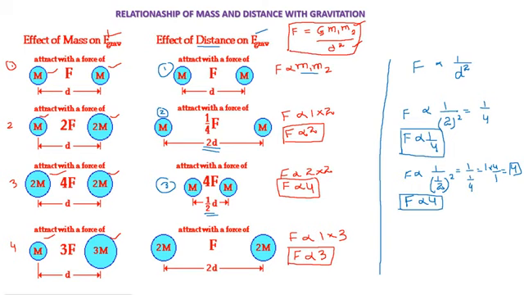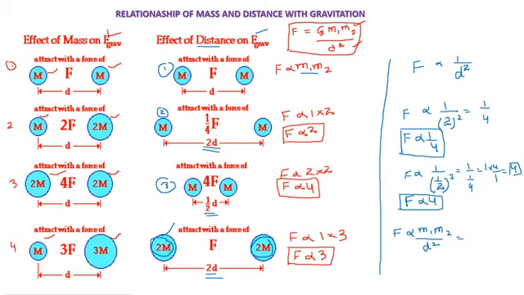Okay, now here you can see the distance has become 2 times, and the mass has also become double. Mass of the two objects has become double, and distance has also become double. So let's find out. This is quite interesting. We know that force is proportional to the product of the masses of the two objects divided by the square of the distance between the two objects.